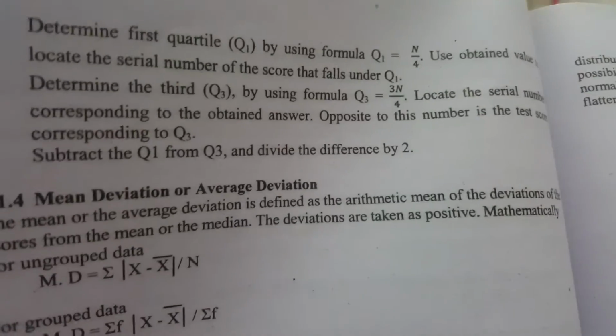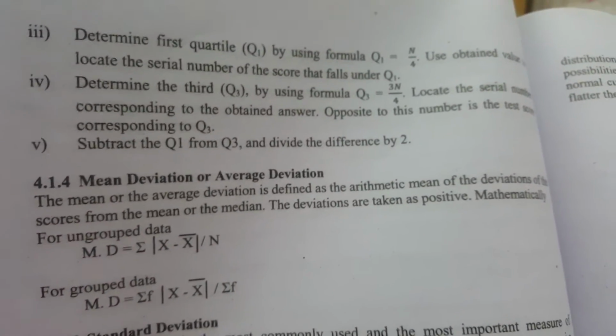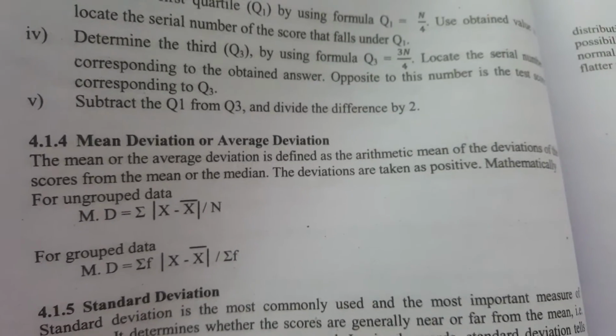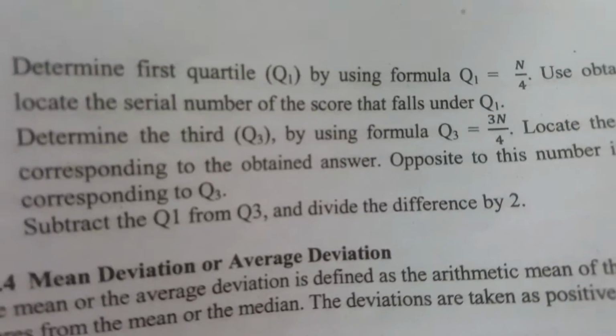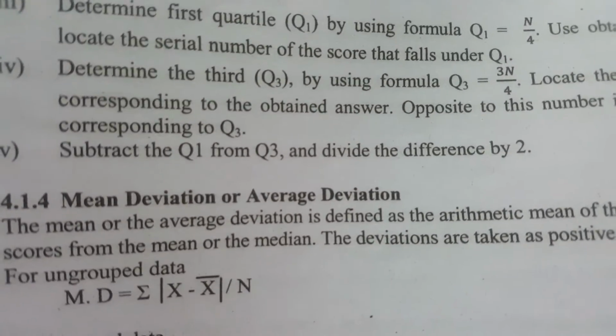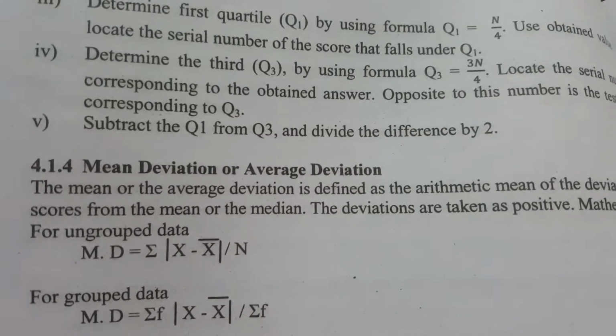Then we come towards the other steps of ungrouped quartile deviation. We will determine quartile 1, then quartile 3, and then we will subtract 1 from 3 and divide the difference by 2. Formula for q1 is n by 4. Formula for q3 is 3n by 4, and we subtract and divide by 2 to finally get our answer.